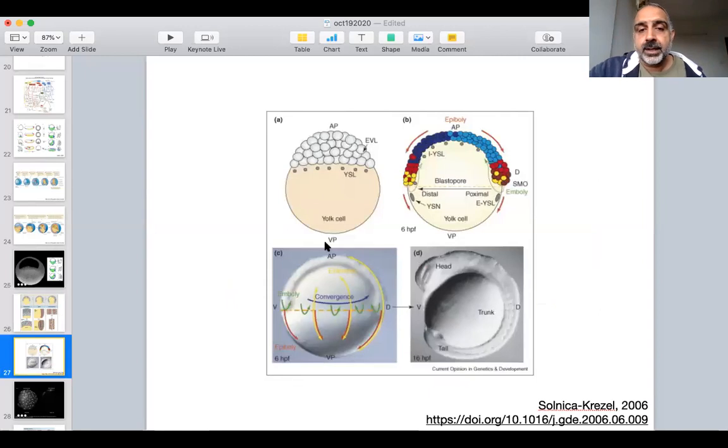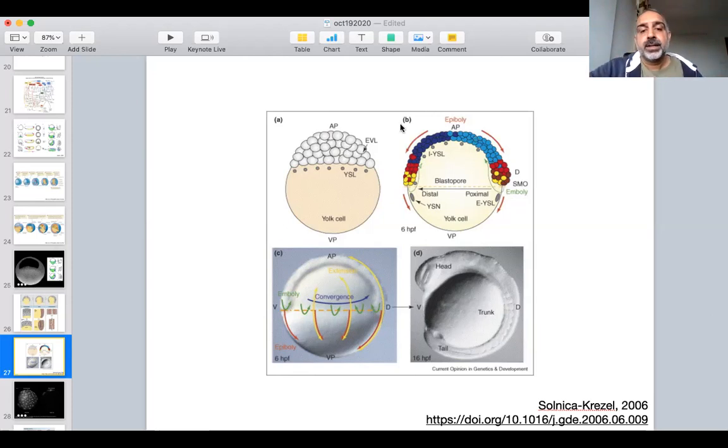This is shown here in zebrafish. You get these blue cells here rearranging. You get the bottle cells kind of driving cells inside. So as these top cells start to thin and push down, other cells on the edge are being driven inside because that's the only place for the force to go.